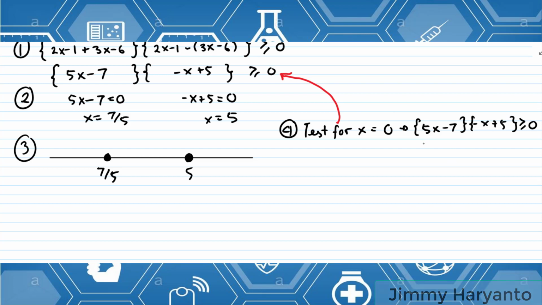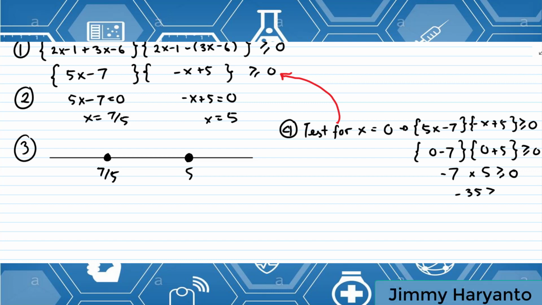For this one, 5 times 0 equals 0, and then 0 plus 5. Negative 7 times 5 greater than or equal to 0. Negative 35 greater than or equal to 0. It is wrong.